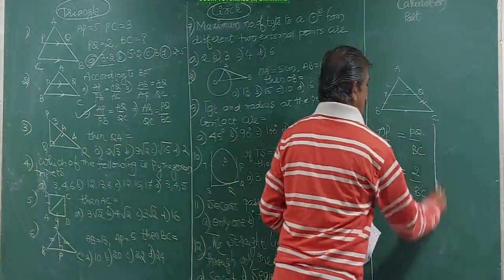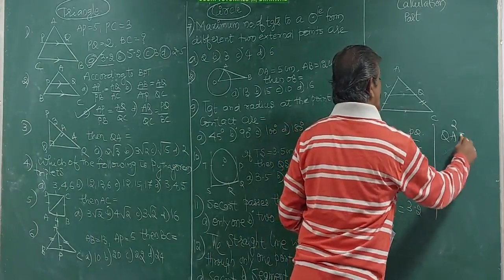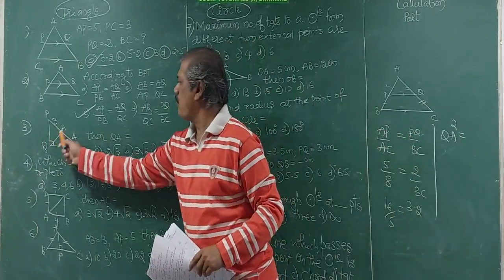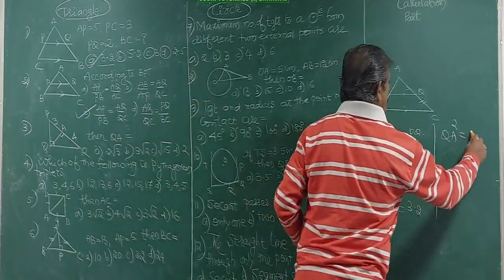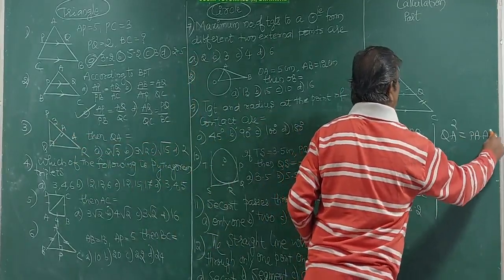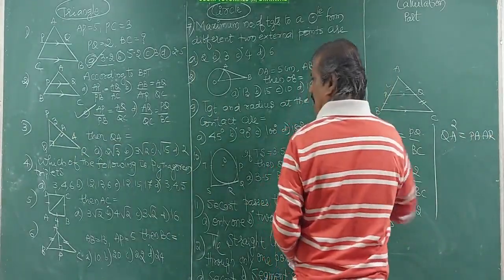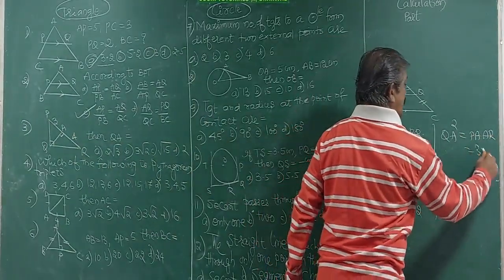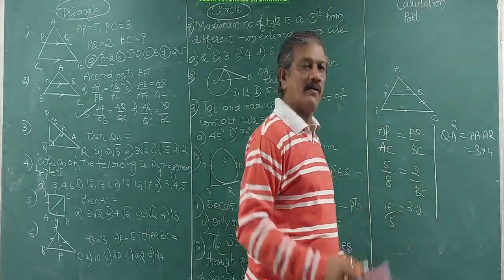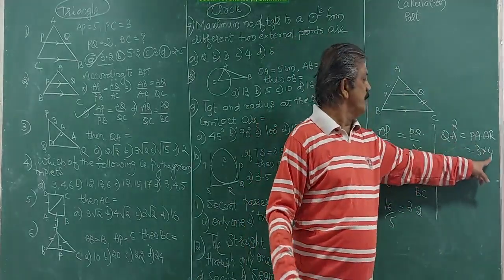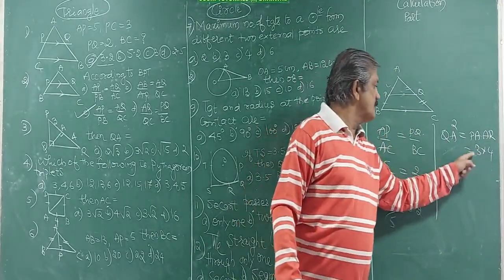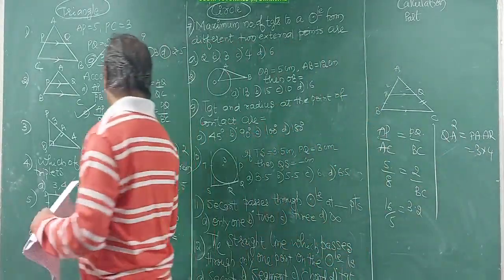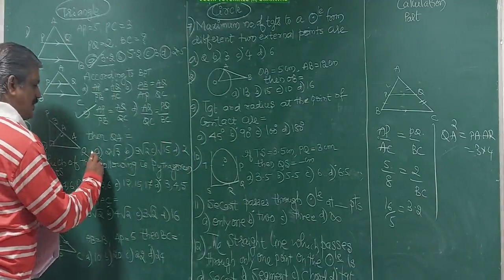That is a trick. QA square is equal to PA into AR. You write this time. Then immediately fill up 3 into 4. 3 4s are 12. But we want QA. Means you have to write in the root sign. Root of 4 is 2. 2 comes out, 3 remains. 2 root 3. It is here.